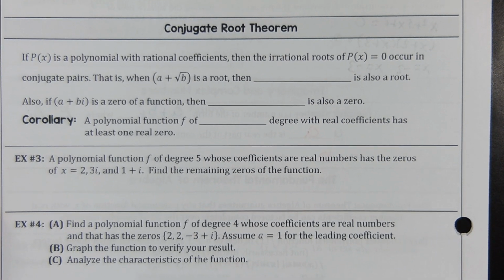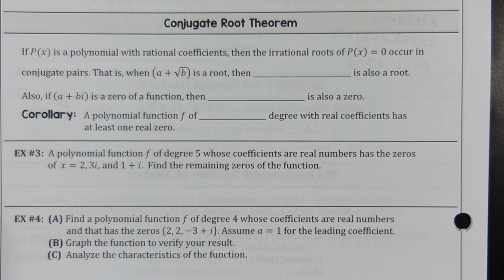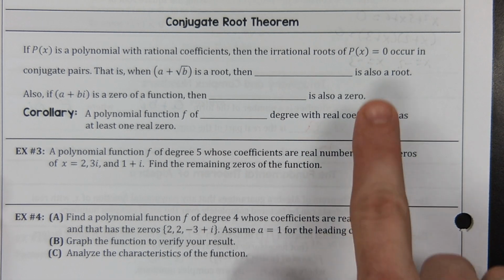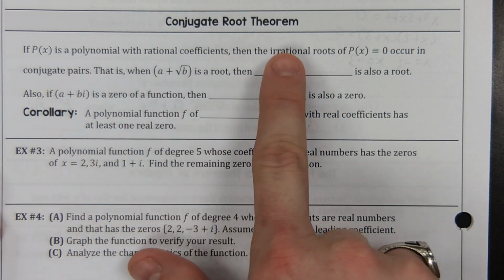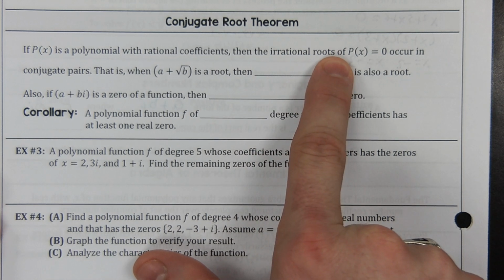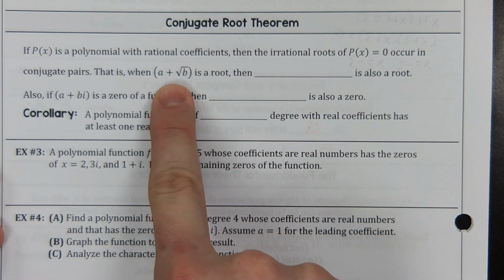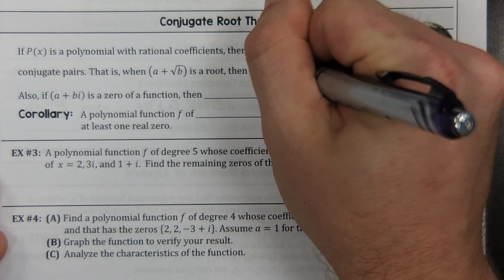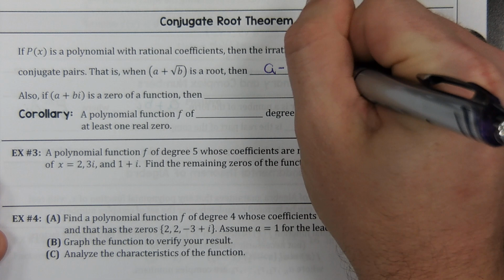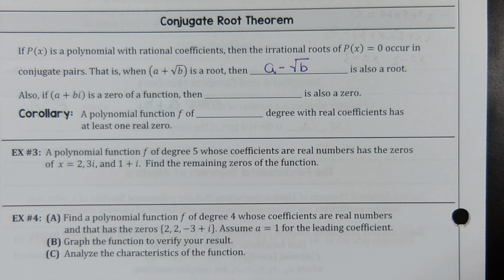If p of x is a polynomial with rational coefficients, then the irrational roots of p of x equals 0 occur in conjugate pairs. What that means is, if you see that a plus the square root of b is one of your solutions, then so is a minus the square root of b every single time. They occur in irrational conjugate pairs.